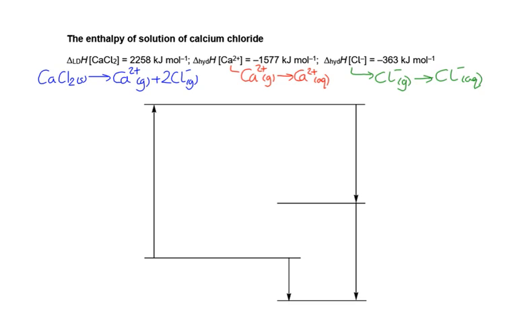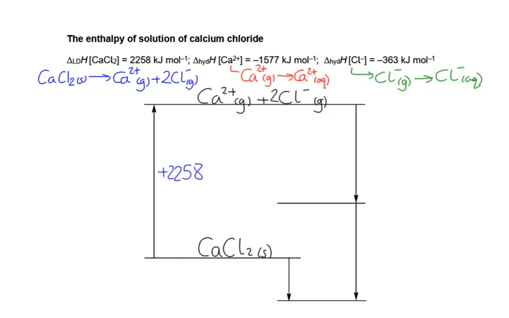Now, this cycle's kind of been worked out for you already, and it's already showing an exothermic change. So we're not putting our solid right at the bottom, we're putting it here, CaCl2 solid. We're going to break up the lattice and turn it into gaseous ions. That's our first step. We've got Ca2+ gas and 2Cl- gas, and that is the lattice dissociation, so +2258.